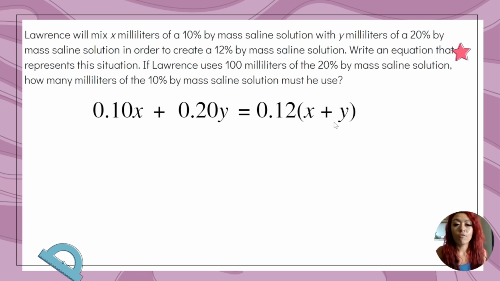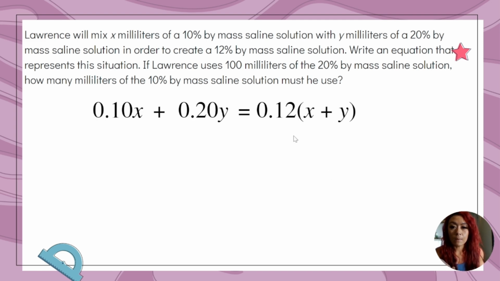So we're going to have 0.12 times the sum of x and y, right? And this is because it's 12% of what he mixed, right? That's what he's creating. So that is why we have the sum of x and y, right?